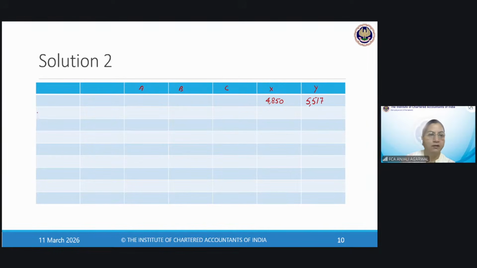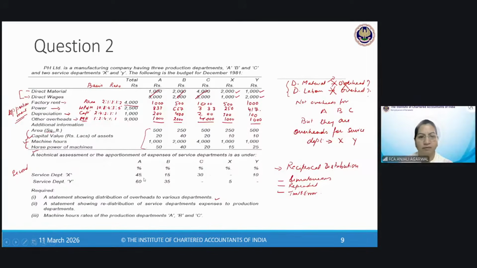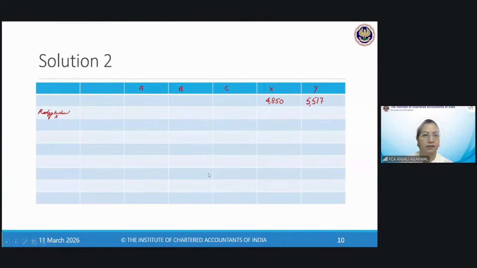Okay, so redistribution of X, and the ratio of X is 45, 15, 30, 10 for A, B, C, Y. So 4850 into 0.45.